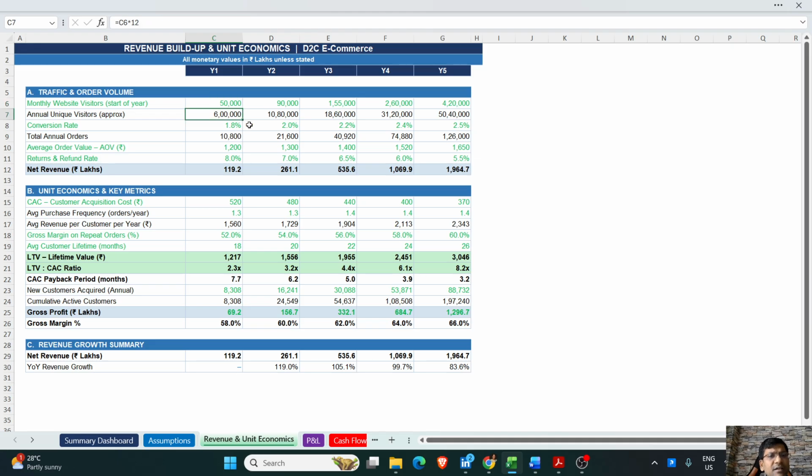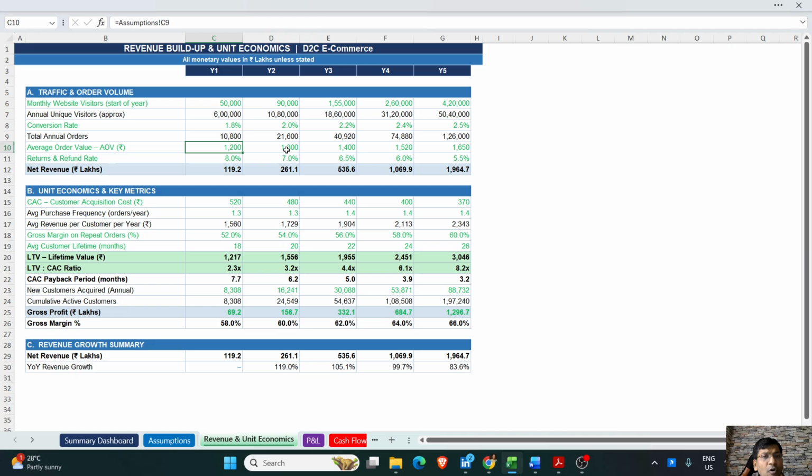So in that year, we will have 12 into 50,000, which is equal to 6 lakh users, which will go up to 50 lakh 40,000 users in the fifth year because the monthly number of visitors will be 4 lakh 20,000. The conversion rate will be 1.8, 1.2, and hence my total orders will be that, whoever visits my company's website, 1.8% of those people are able to place an order.